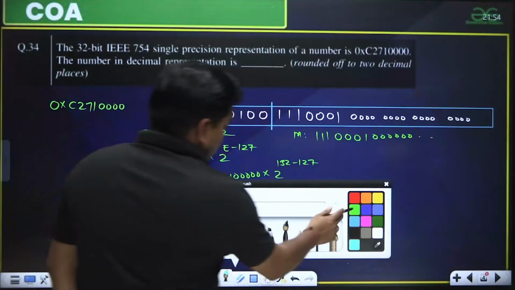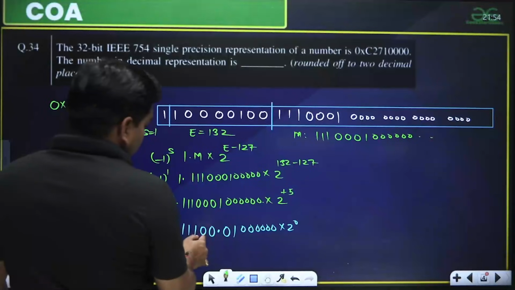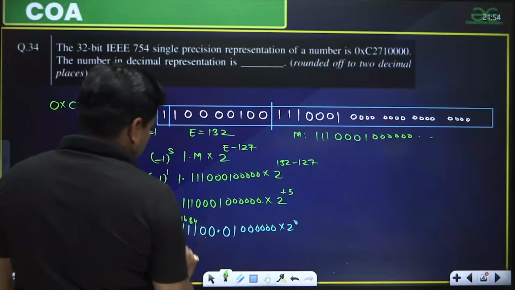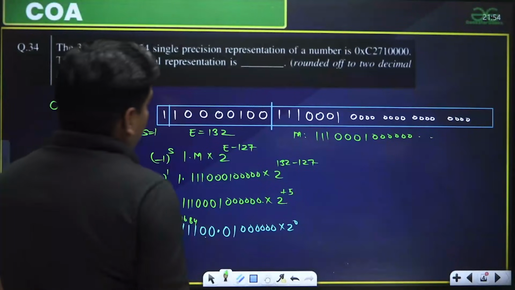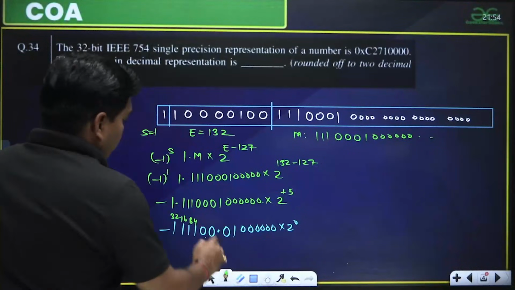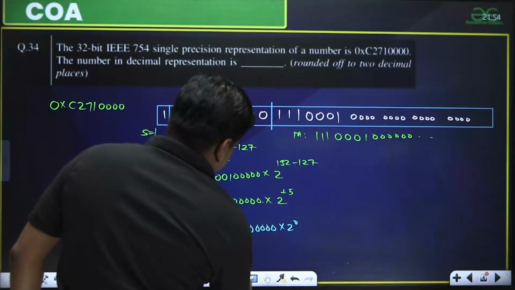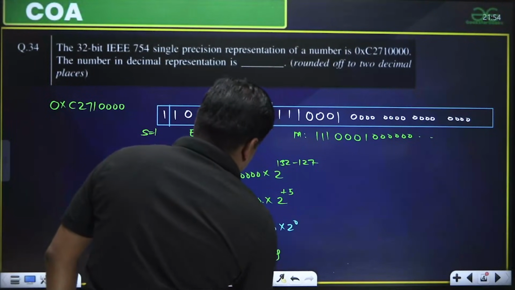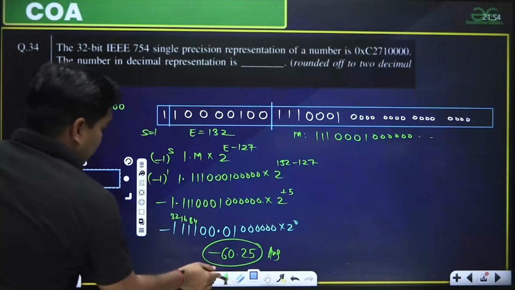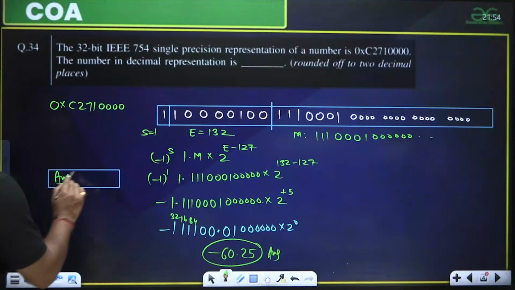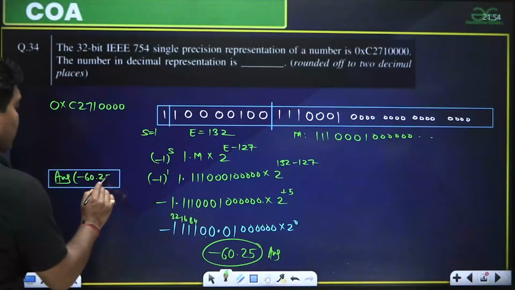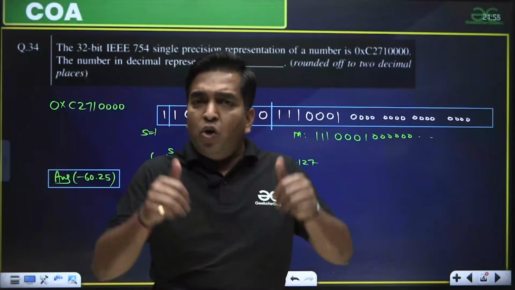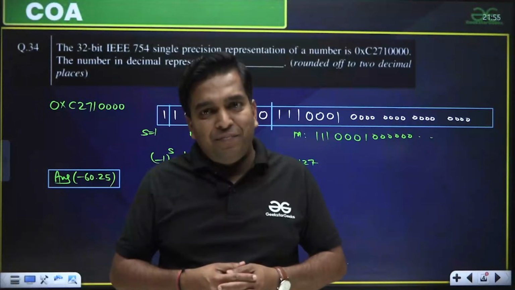This is negative. So what is the value? Like 1, 2, 4, 8, 16 and 32, so 32 plus 16 plus 8 plus 4 is 60, and we get minus 60.25. So the correct answer for this question is minus 60.25. Hope you get it. Thank you everyone.